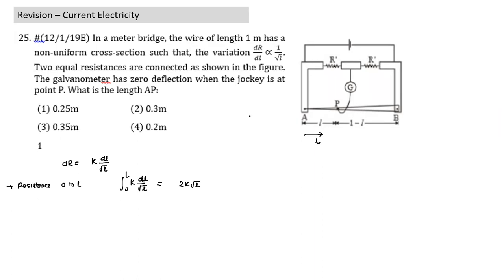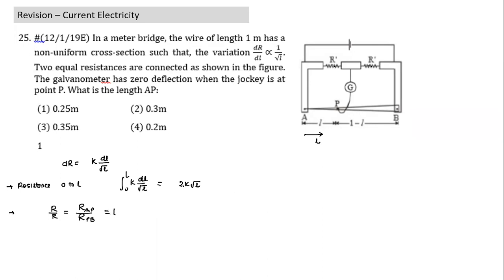If two resistances are equal, that is the balanced condition, what does it imply? R by R has to be equal to the resistance between AP divided by the resistance between PB, which has to be equal to 1.